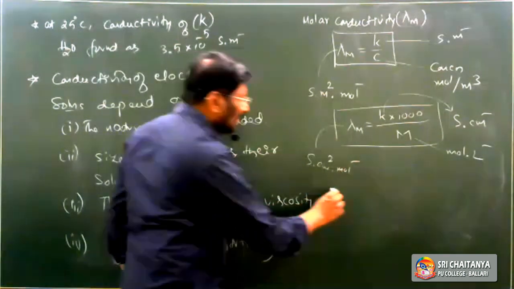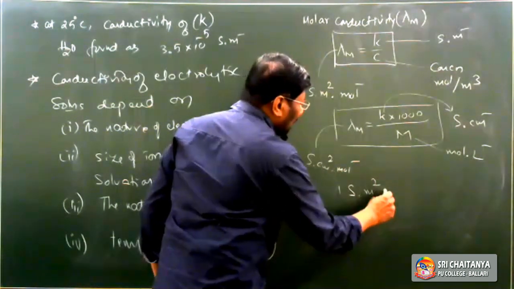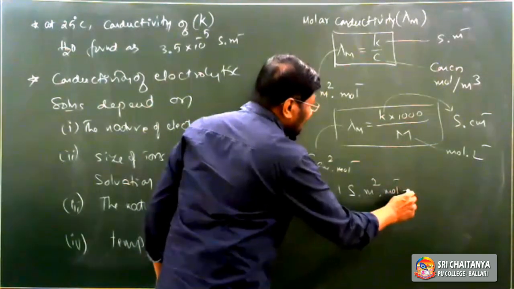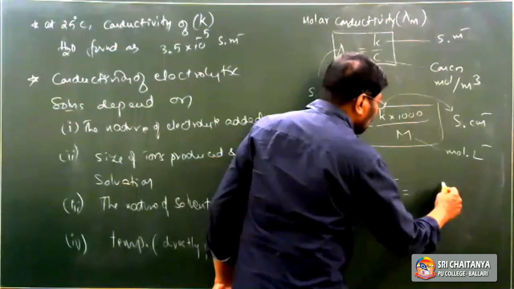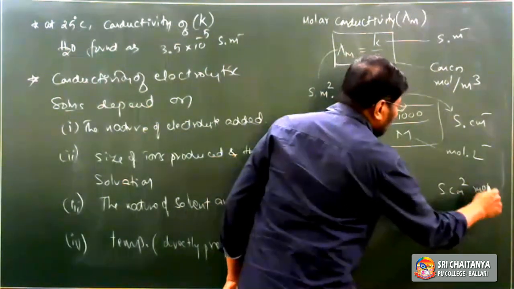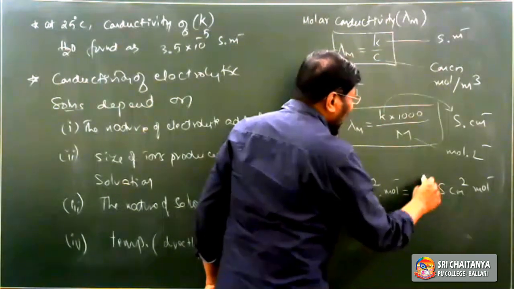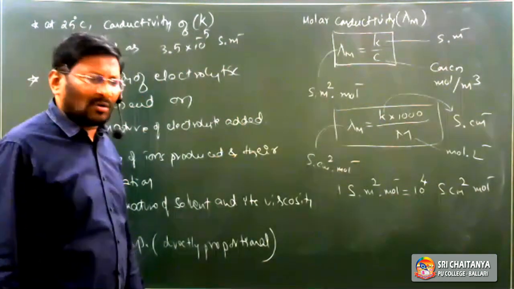Okay, and then 1 Siemens meter square mole inverse, how is this related to Siemens centimeter square mole inverse? It is 10 power 4.